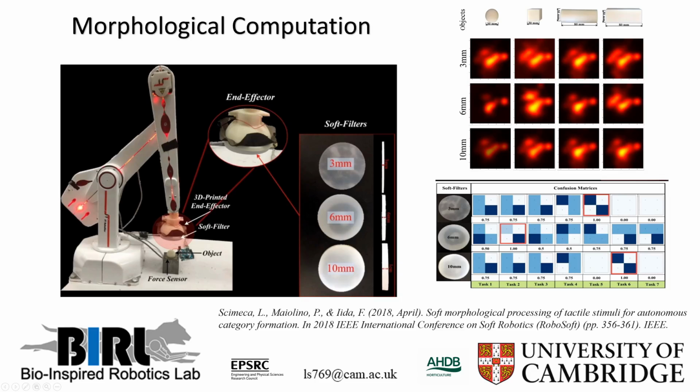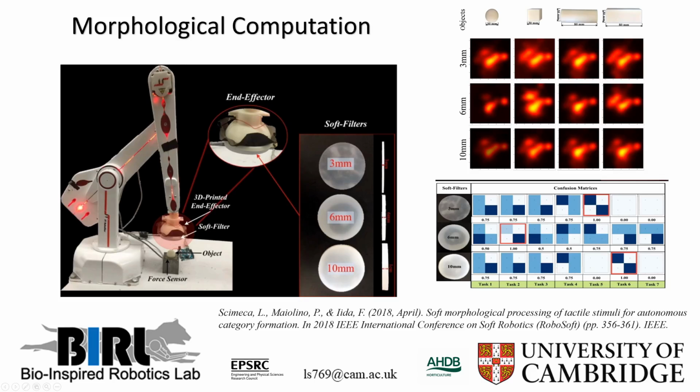In this case, for example, we're not using any fancy machine learning. We're just using simple clustering, so unsupervised learning. But it is possible to cluster objects based on elongation or geometry, simply by changing this soft filter.